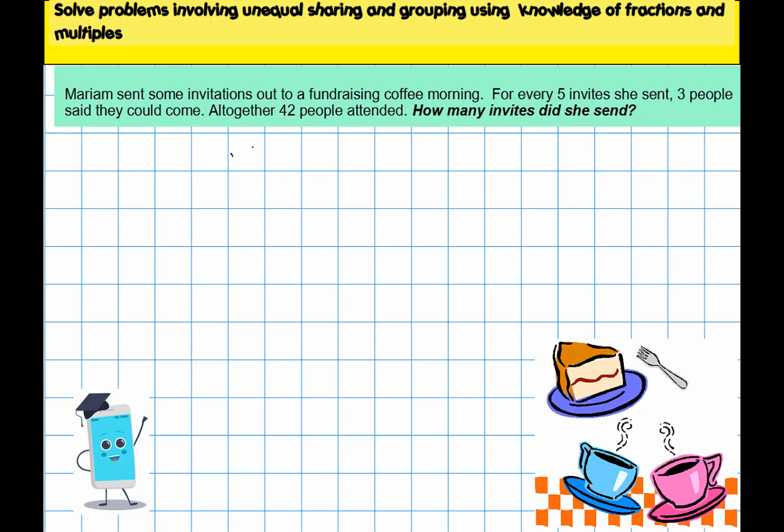So if I put a tick, 3 people could come, which would mean 2 people couldn't come. And this is how many invites she sent. So for 5 invites, 3 people could come. I've just filled in this information which isn't in my statement, but I can deduce this from my statement. If 3 people out of every 5 said they could come, that would mean 2 couldn't come.